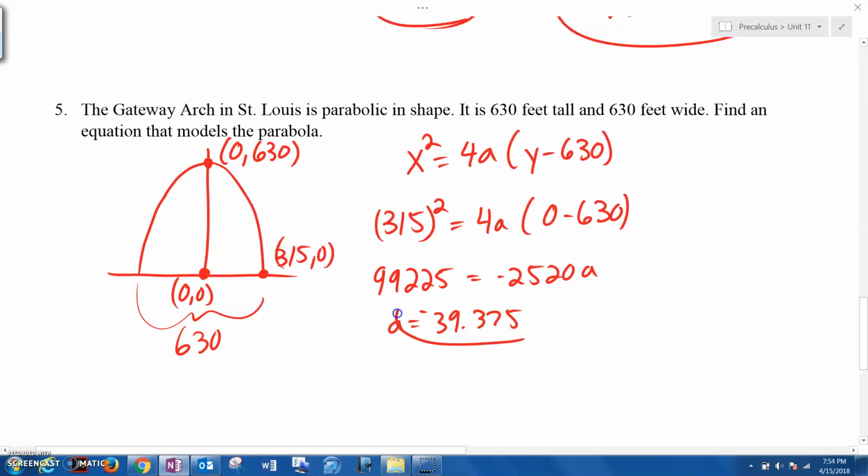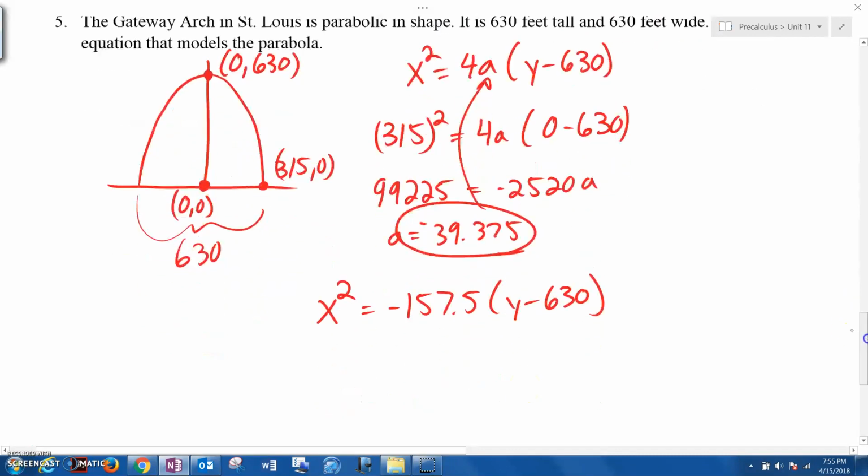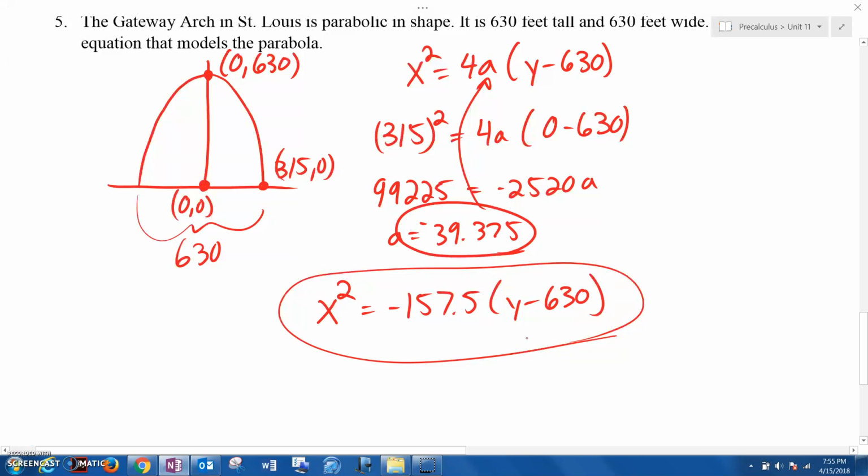So that means if I plug that in for the a value here, you get a final equation. 4 times that is negative 157.5 times y minus 630. And that makes sense because it is facing downward, so this should have ended up being a negative number anyway. Okay, so that's doing models of parabolas using the formulas going backwards.